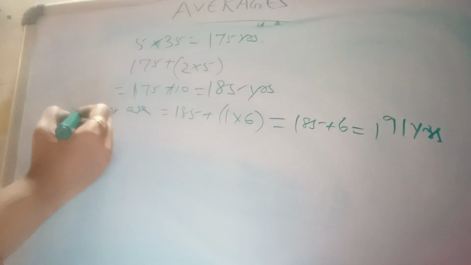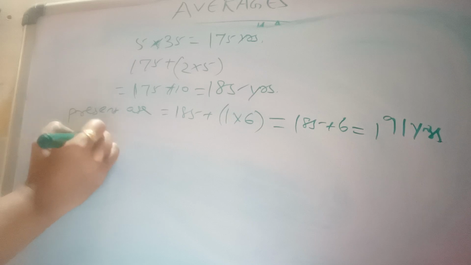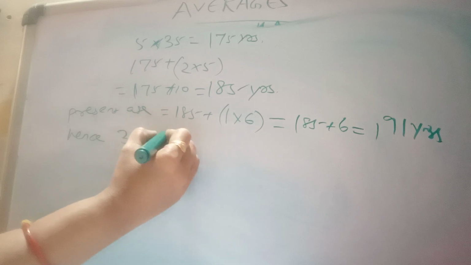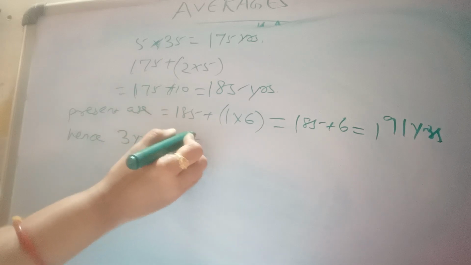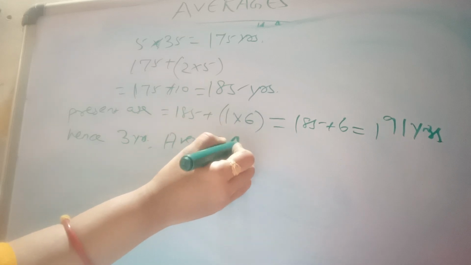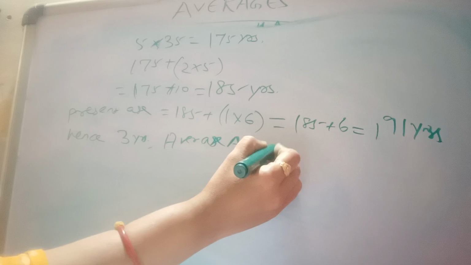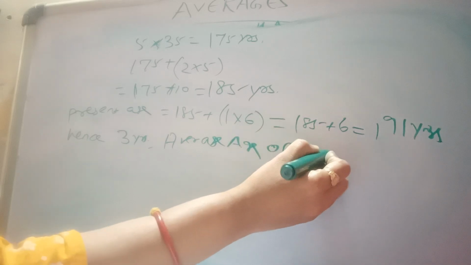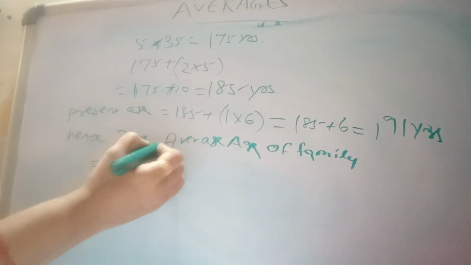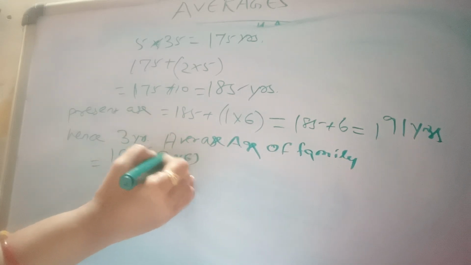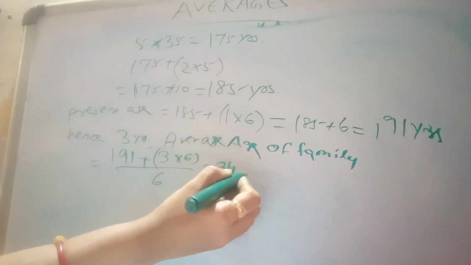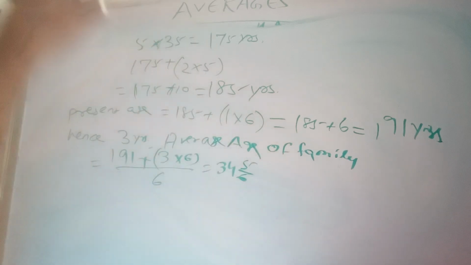3 years hence, the average age of family equals to 191 plus 3 into 6 divided by 6 equals to 34 5 by 6.